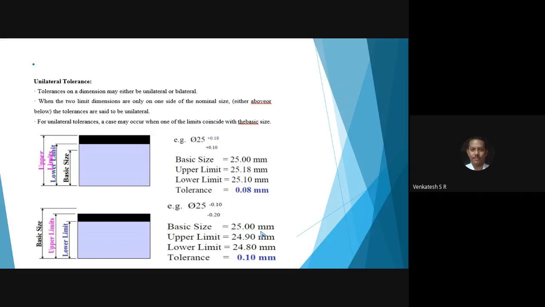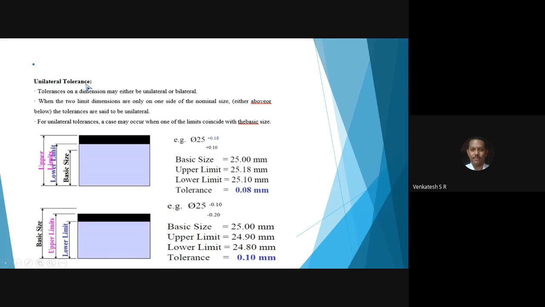Next, write down unilateral tolerance. Write down like this: 25 with superscript plus 0.18 and subscript plus 0.1. The mentioning of plus and minus is very, very important.